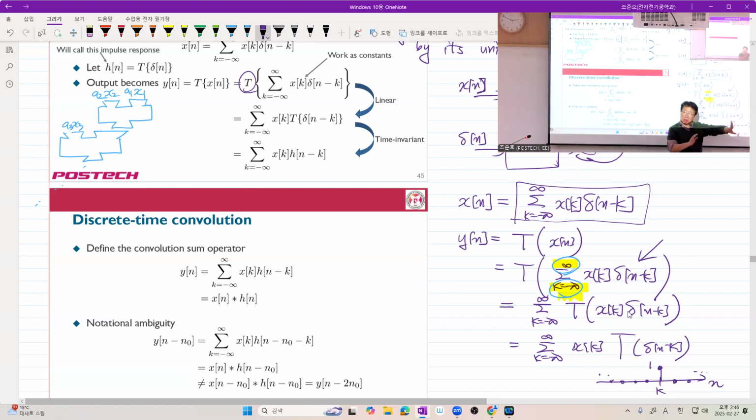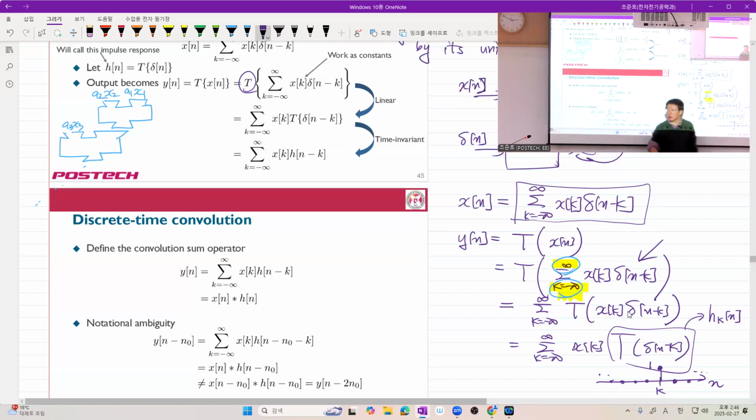And you have some output. Let's call this one h sub k of n. Here, the subscript is used to clarify that this is the response of the system to the impulse applied at time k.